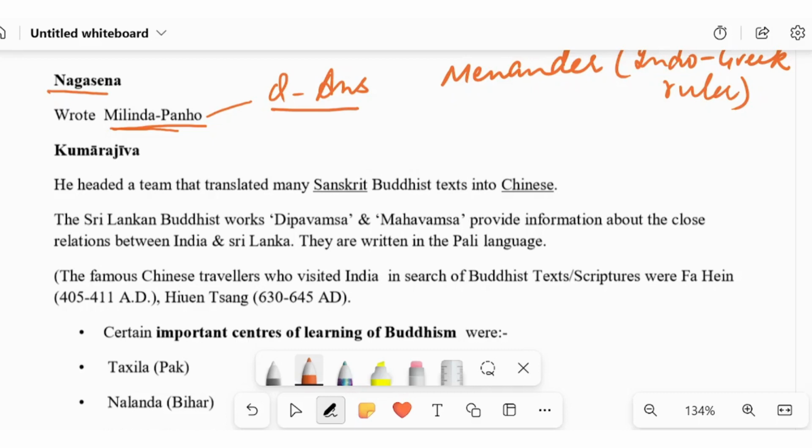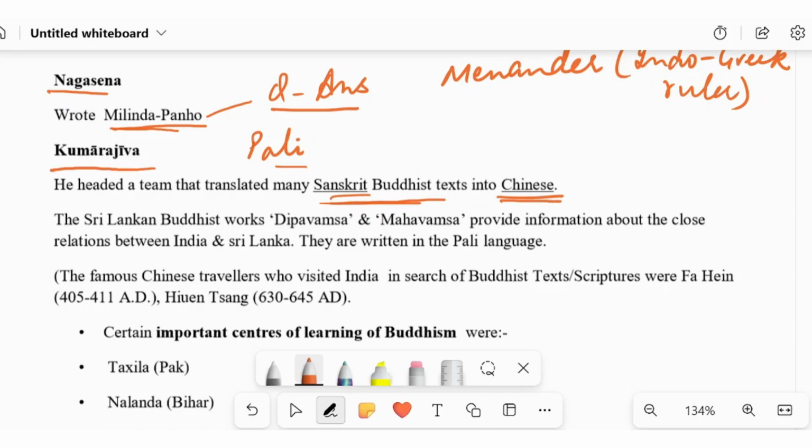So in China, Kumarji played an important role in popularizing it. He converted many Sanskrit Buddhist texts into Chinese. Initially, Buddhist texts were written in Pali language, but in the fourth Buddhist council, they decided to translate many of those into Sanskrit. And then Kumarji translated many of these Sanskrit Buddhist texts into Chinese.